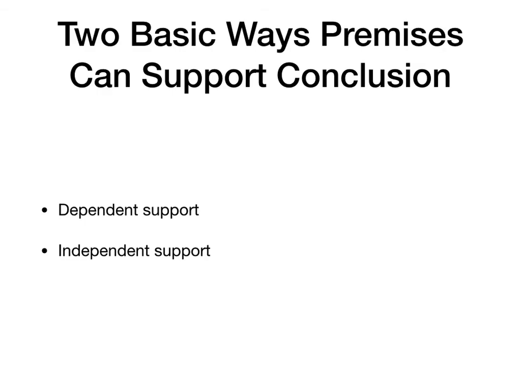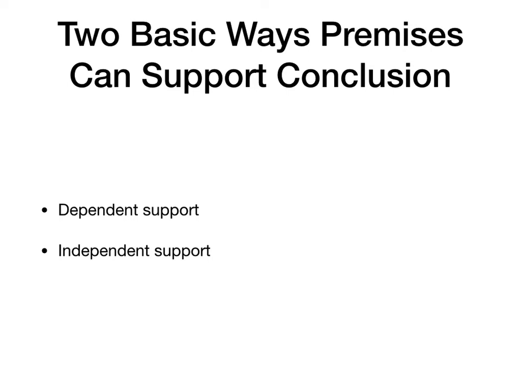So when we diagram an argument, there are two basic ways the premises can support the conclusion: dependent support and independent support. We'll talk about independent support in this lecture, and dependent support in the next lecture. I'll say a bit more about this. Inductive arguments can have either of these.